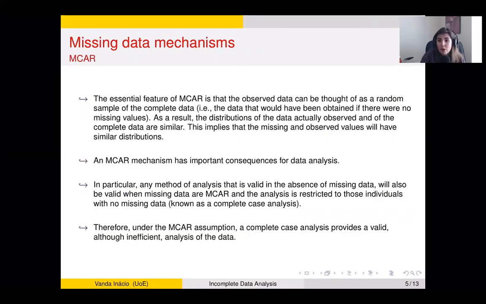The main feature of data missing completely at random is that the observed data can be regarded as a random sample of the complete data. And here, by complete data, we mean the hypothetical dataset that would have been obtained in case there were no missing values.